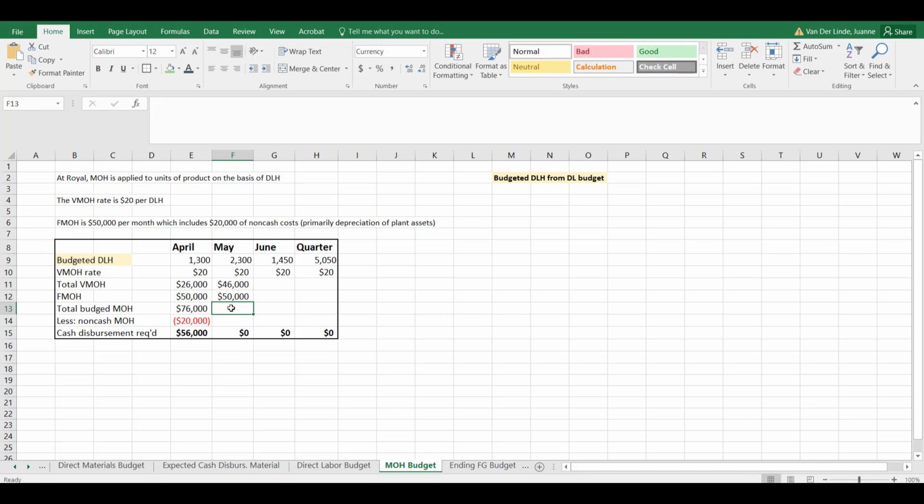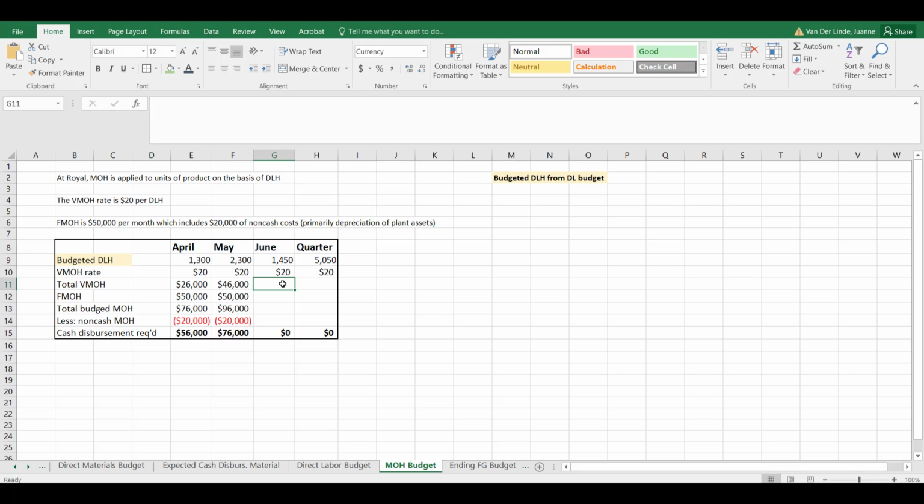Remember, manufacturing overhead is made up of fixed and variable elements. So the total manufacturing overhead we estimate we will incur for the entire month of May is the variable and fixed portion added together, which is $96,000. Now, we're not going to pay all of that in cash. Remember, $20,000 of that $96,000 represents depreciation, non-cash costs, so only $76,000 would be required as a cash disbursement to pay for manufacturing overhead in the month of May.